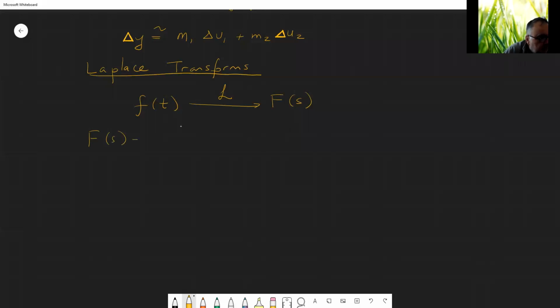And we show f of s is equal to the Laplace transform of f of t, and its technical definition is f of s equals the integral from 0 to infinity of f of t e to the minus st dt. It is a very important transform, which is very commonly used.